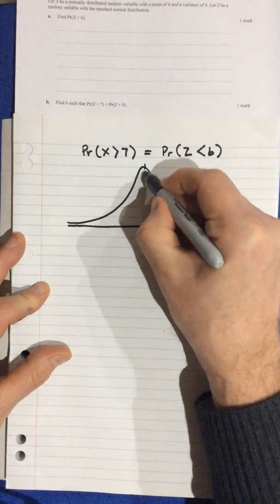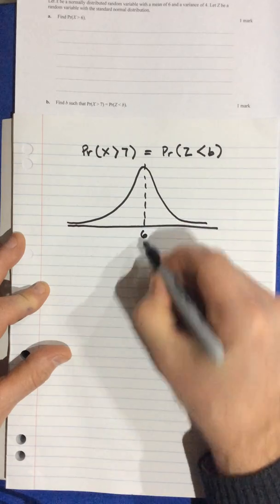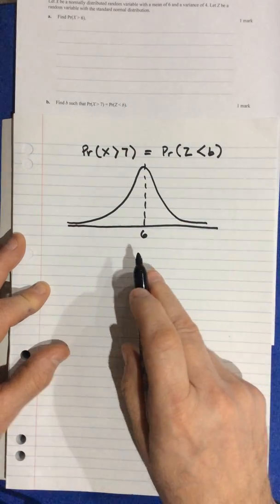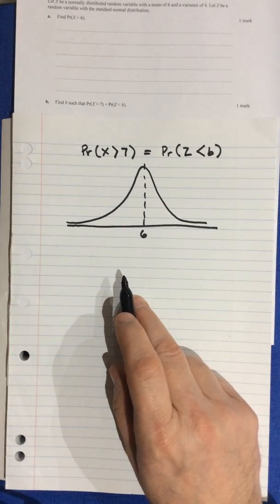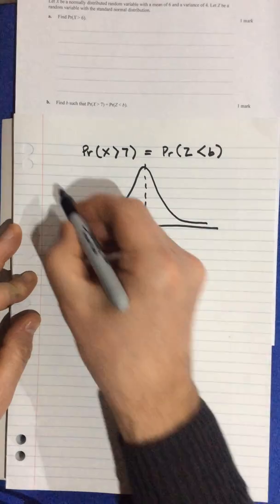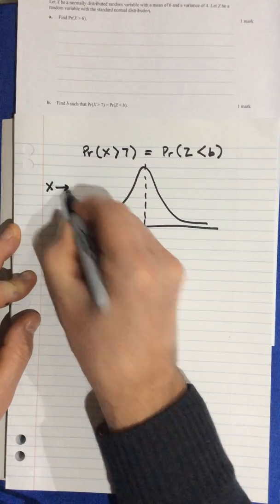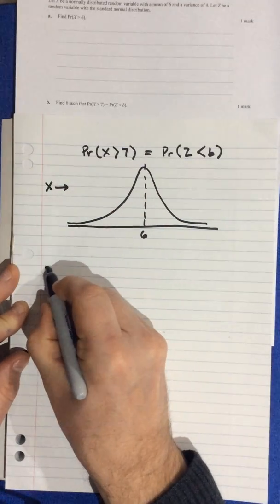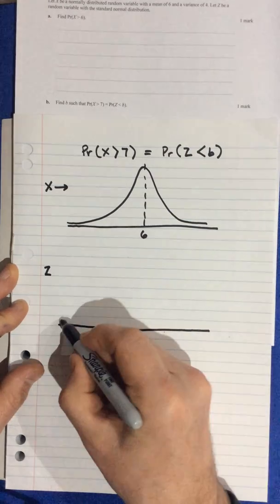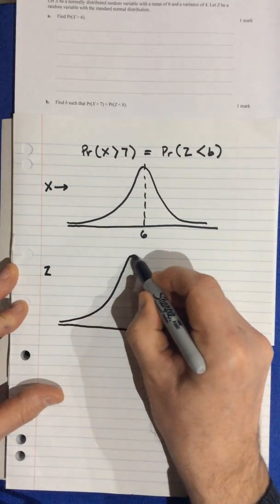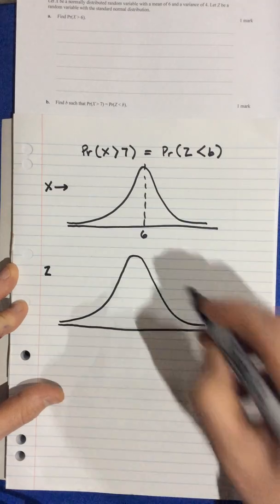So the first one is a bell-shaped curve. It's got a mean at 6. If you remember, it's got a standard deviation of 2. So that's X. And then the other one is Z. It's going to look pretty much exactly the same, though of course its values are different.